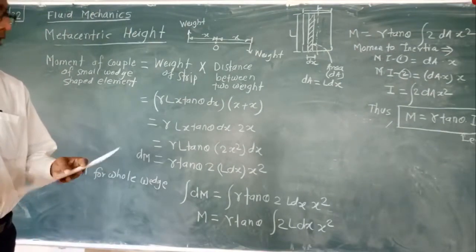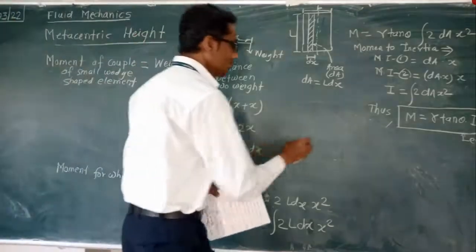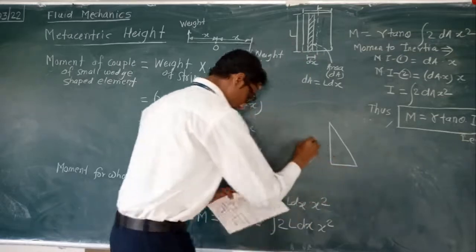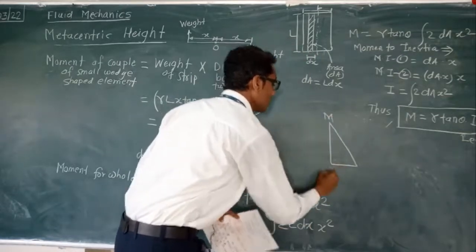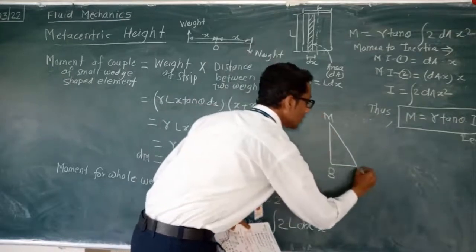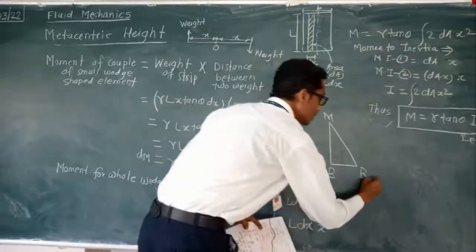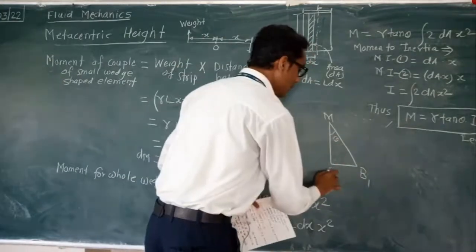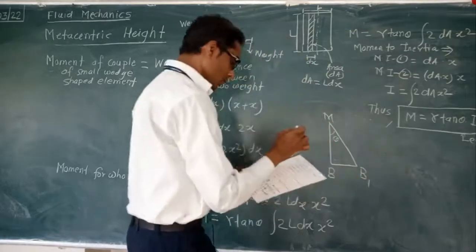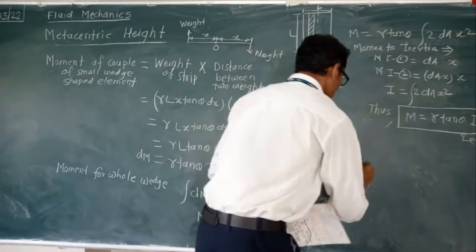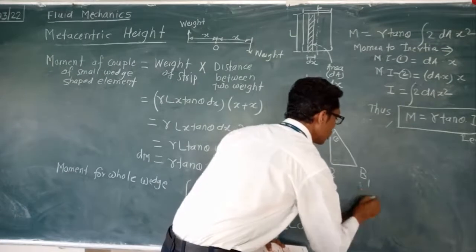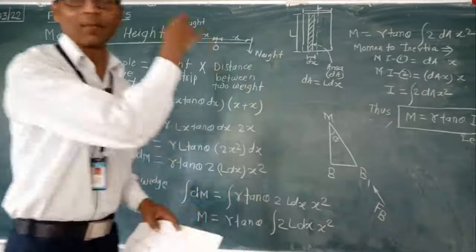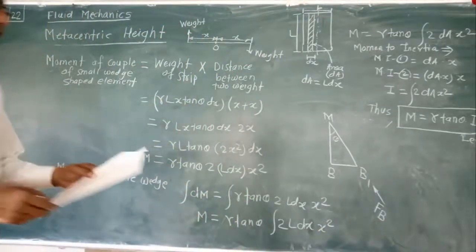Now again come to the diagram. In the diagram, this is a triangle. This is the metacenter, this is the B point, and this is new B1, the shifted center of buoyancy, at angle theta. As B is shifted to B1, the buoyant force FB acts through it.